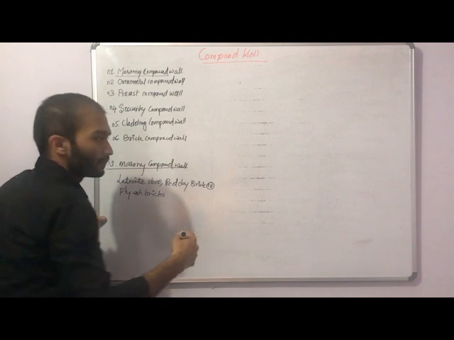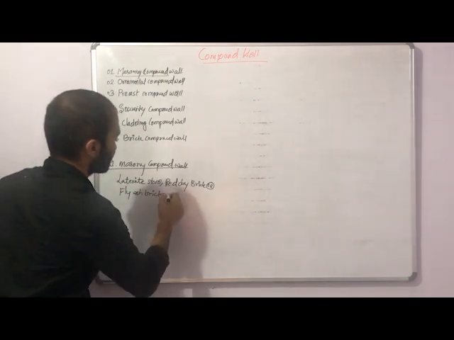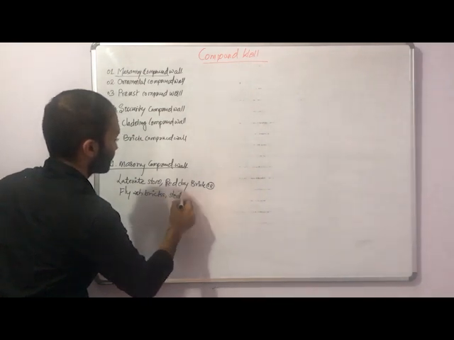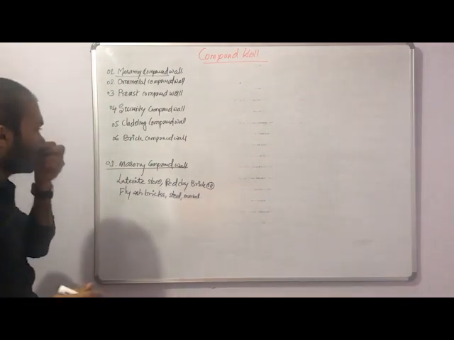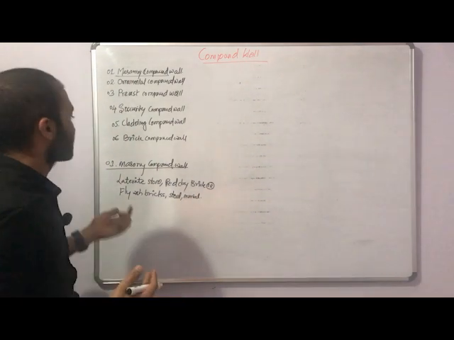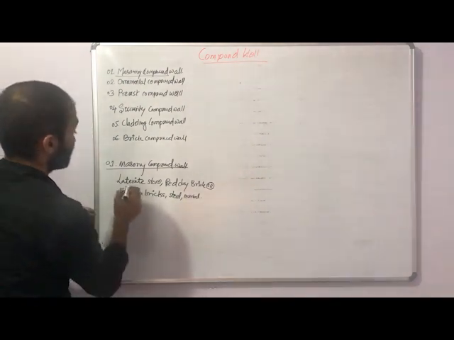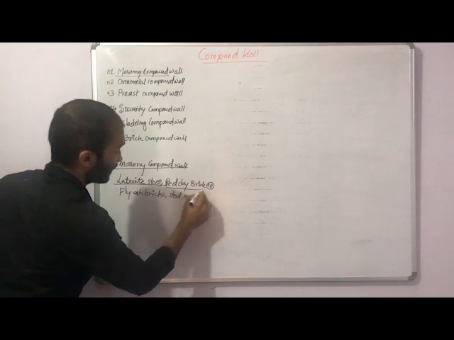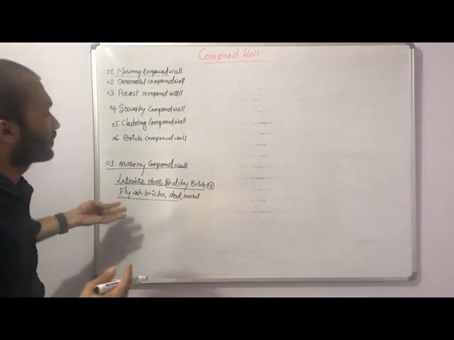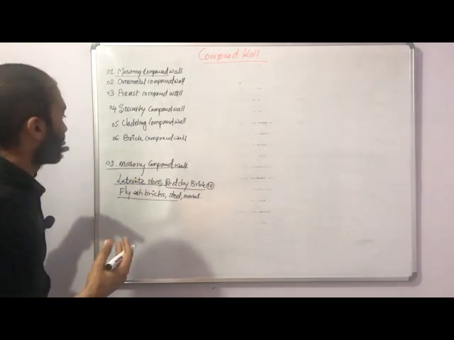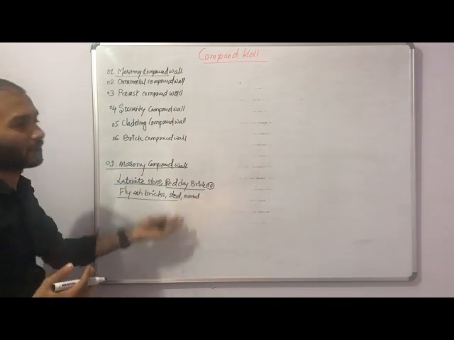And for making the pillars in between the compound wall, we can use steel and mortar. So the masonry compound wall is made using laterite stone, red clay bricks or fly ash bricks, any one of these three. A compound wall made with them is known as a masonry compound wall.